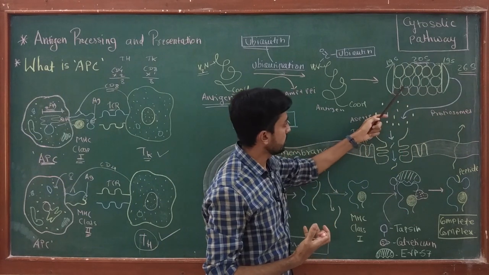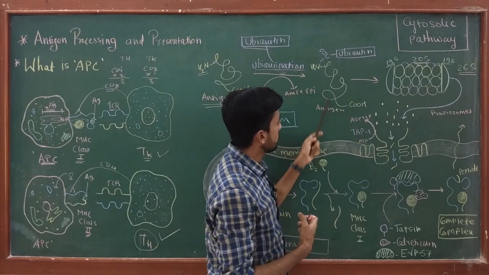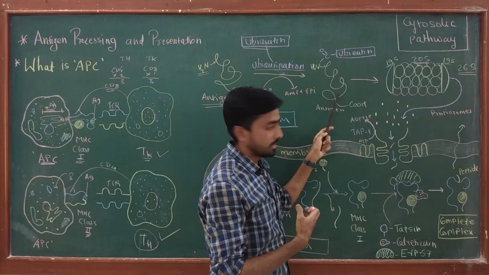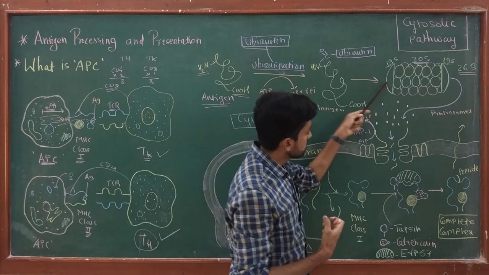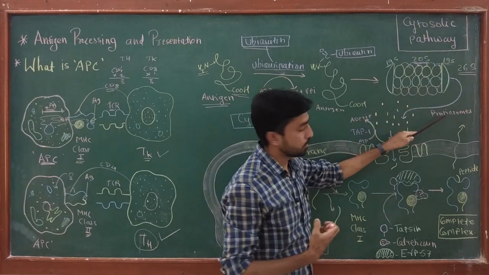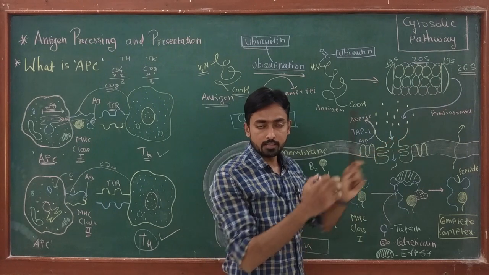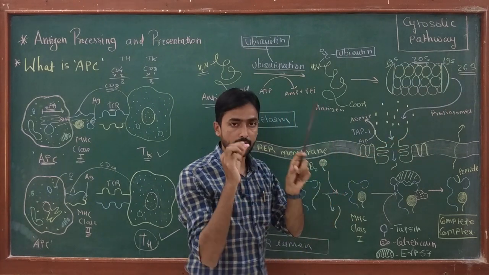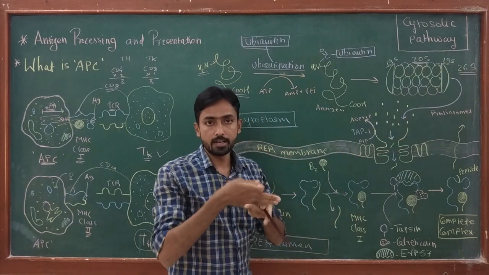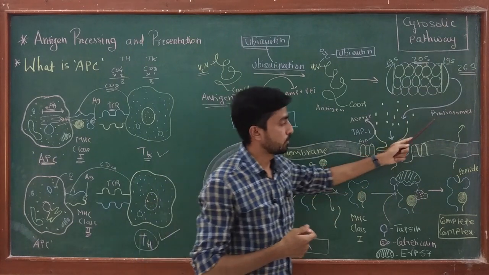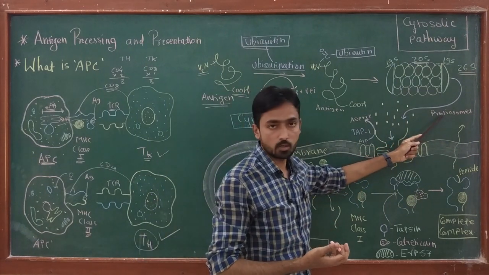Once the proteasome comes close to the ubiquitin-tagged antigen, the protein enters inside the central core of the proteasome assembly. And inside the central core, once the protein enters, it gets degraded by the action of protease enzymes which are present in the complex.